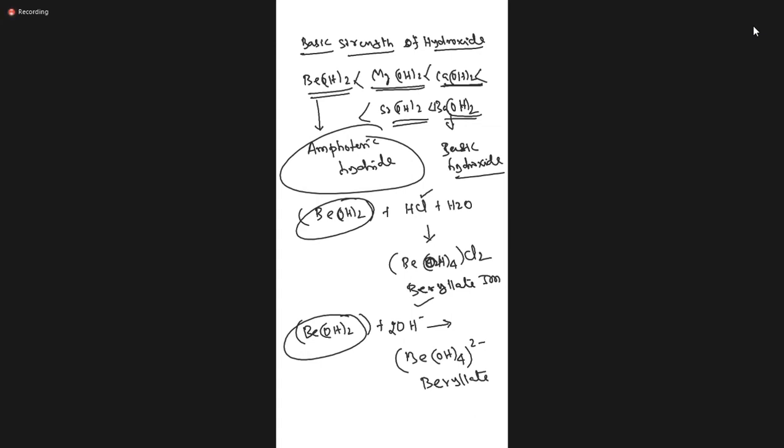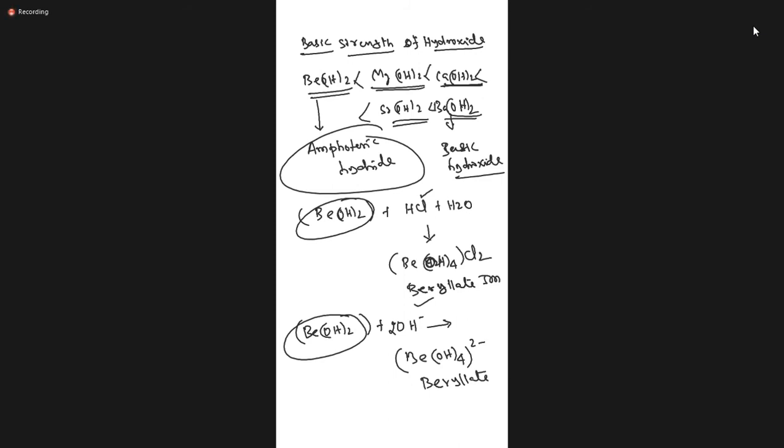I hope these reactions are clear. Why is it an amphoteric hydroxide? Because Be(OH)2 reacts with acid to give the berylate ion, and Be(OH)2 reacts with base to give the berylate ion.